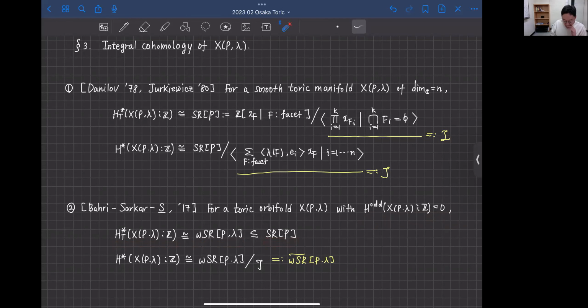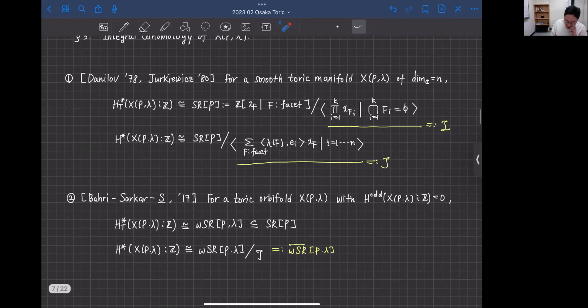And the singular cohomology ring is isomorphic to the weighted Stanley-Reisner ring modulo the same linear ideal. So for simplicity, let me write this weighted Stanley-Reisner ring modulo linear relations as WSR bar of (P, lambda).